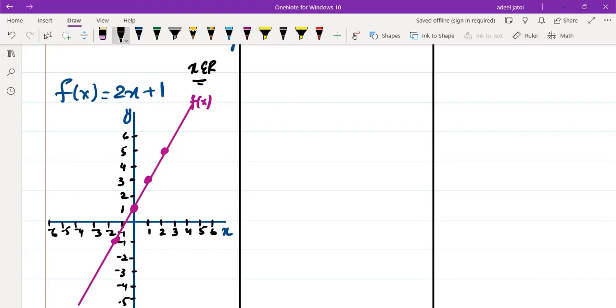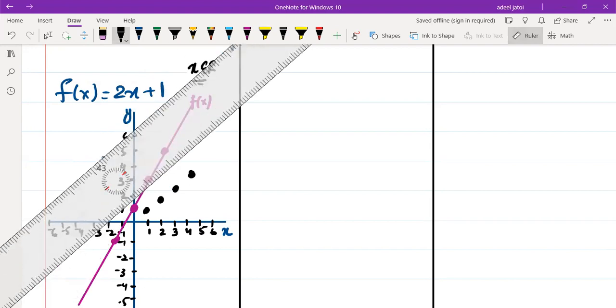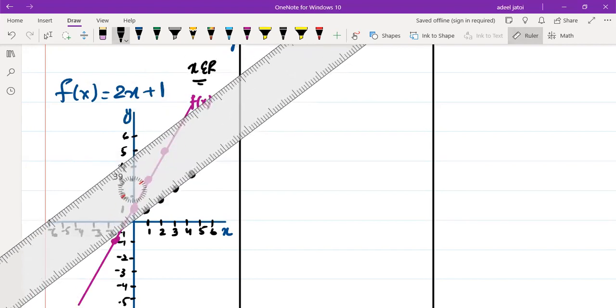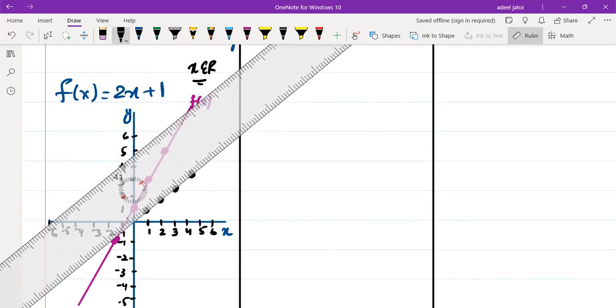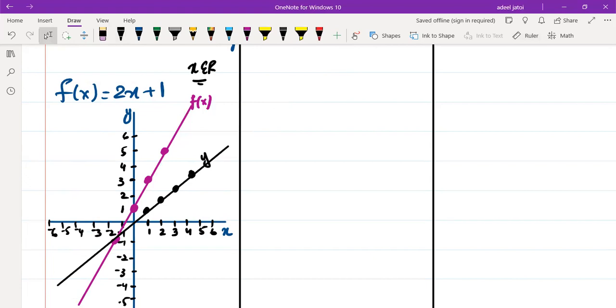Then you need to understand, since it is reflection, so 1, 1, 2, 2, 3, 3, 4, 4. This line becomes the reflection line, y equals x. Then what do we have?